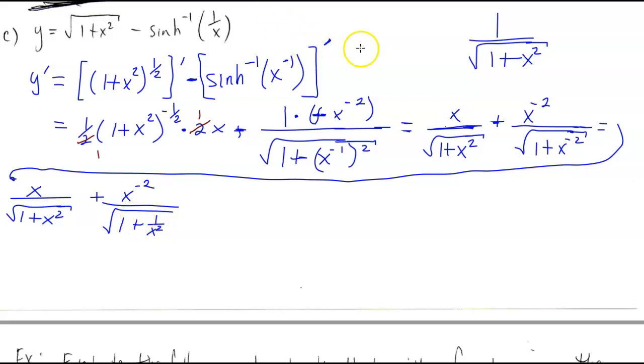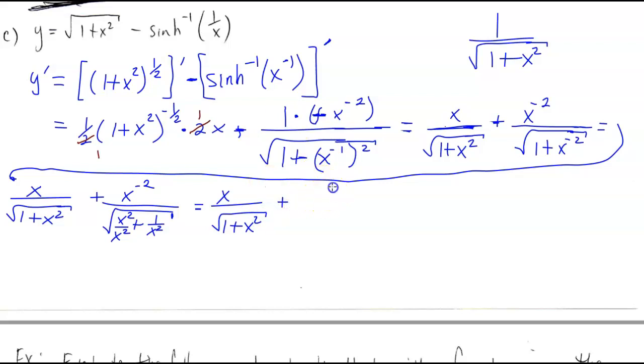And then because we have that, we can rewrite this 1 here as x squared over x squared. And then from here, we'll start to see that some simplification can start to happen.